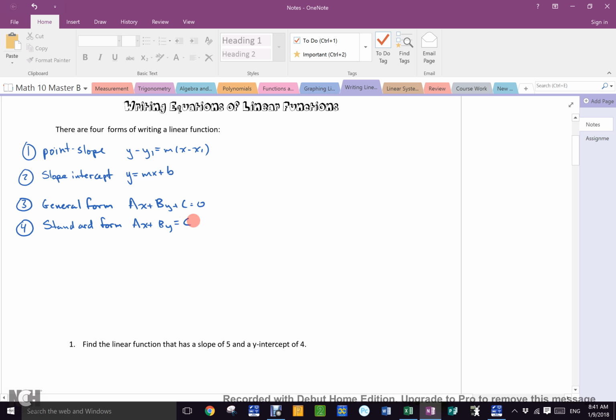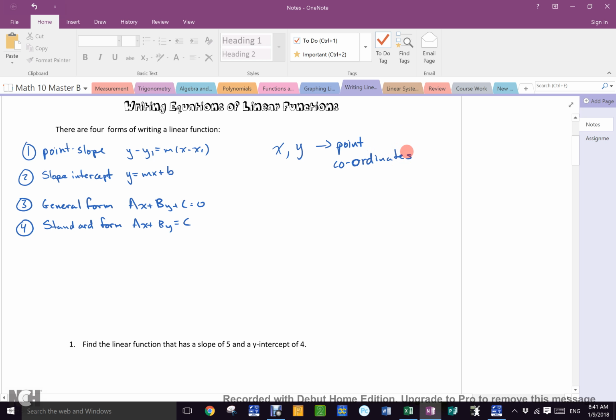Now, what do you see that is common to all 4 methods? X and Y. That is a point. It is coordinates.